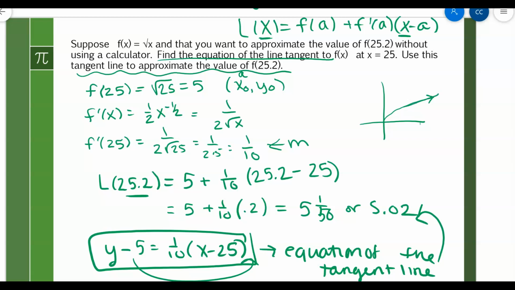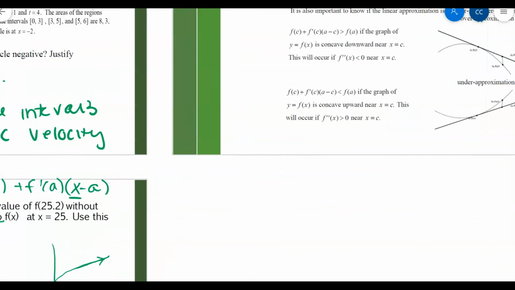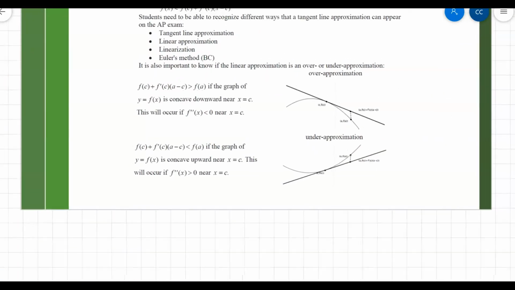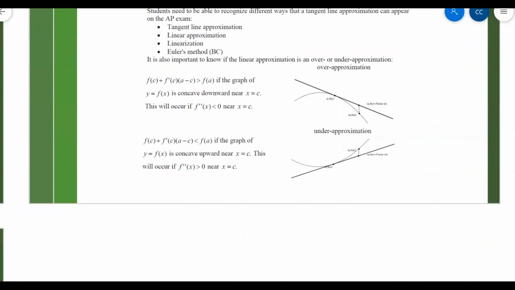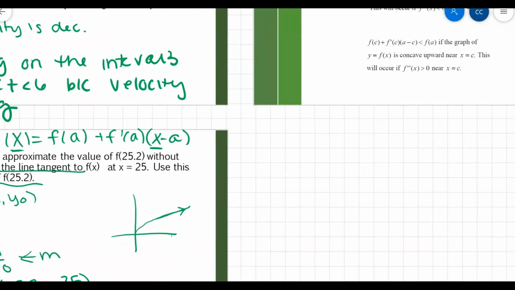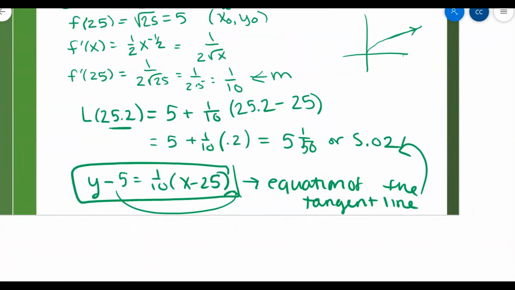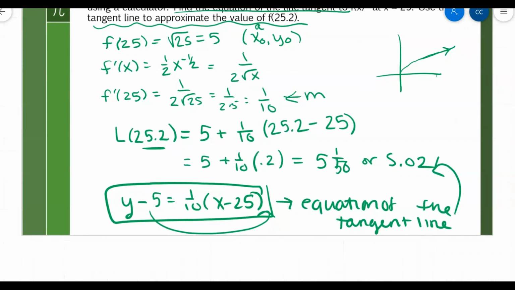Well, the graph is definitely concave down. So if you go back to your chart, if the graph is concave down and the line is above, then it's going to be an over approximation. It would be an under approximation if it is concave down and decreasing. So this is an over approximation.